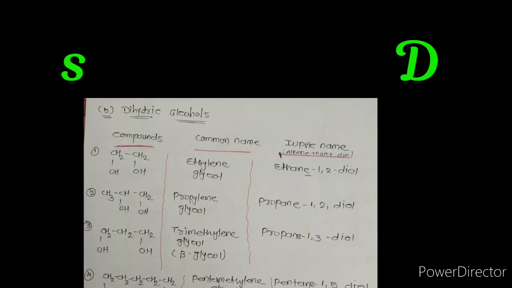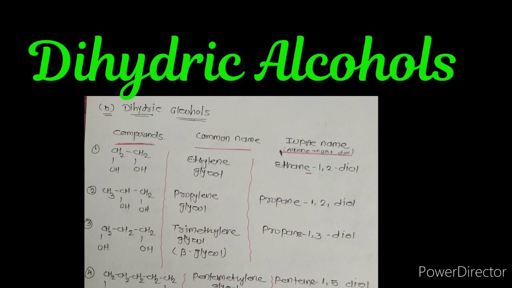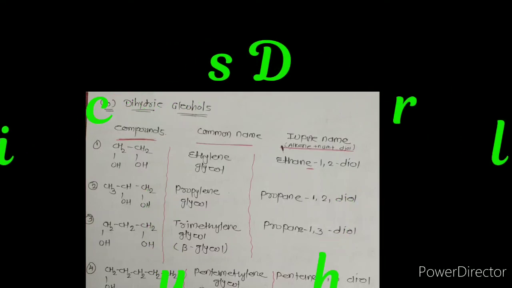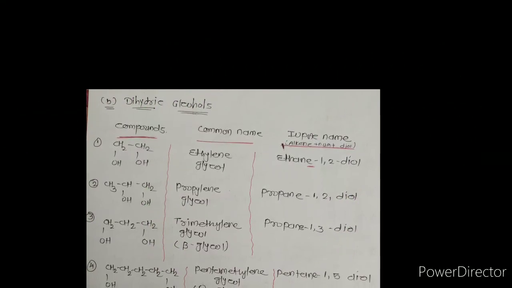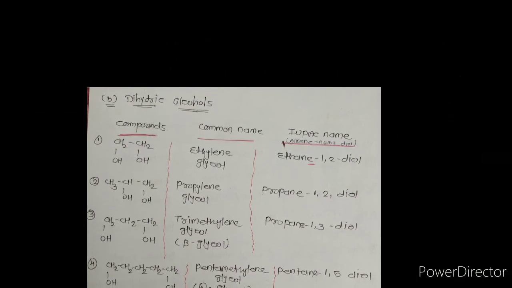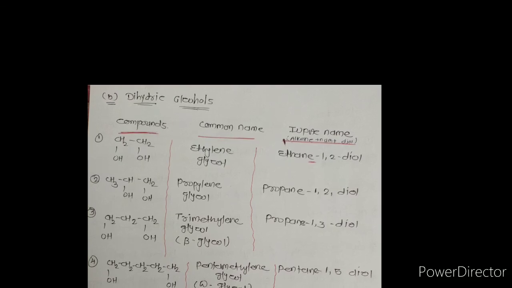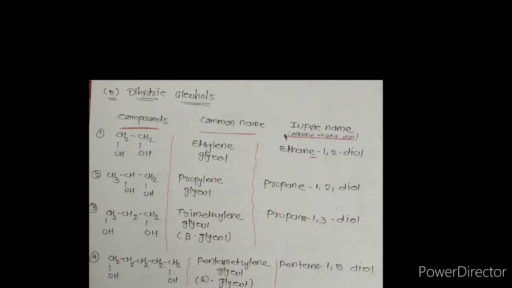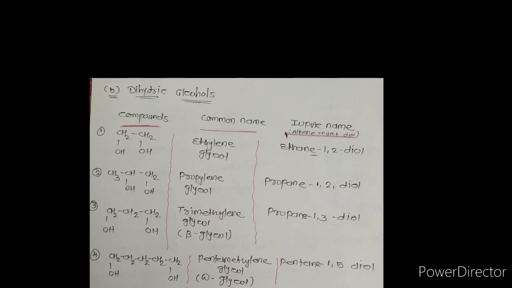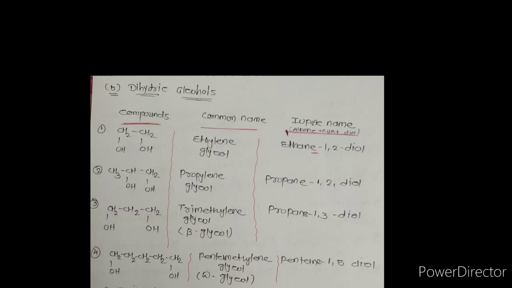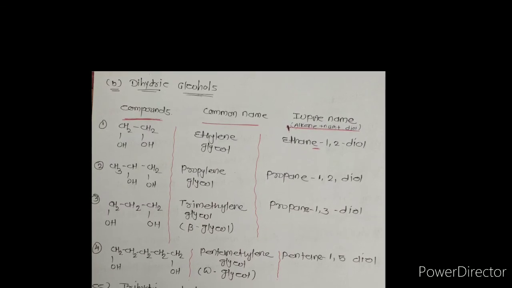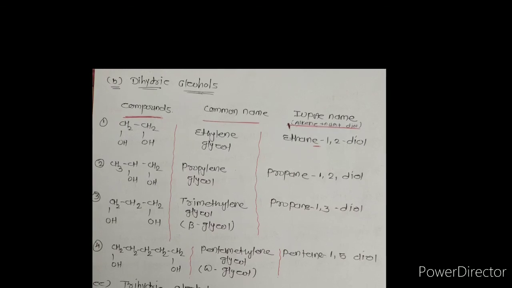Let's start a few other namings, of dihydric alcohols. Here there is no trick for the common name, so we can remember them directly. And for the IUPAC name, one simple trick is there: alkane plus number plus diol. Here we must keep the letter e at the end of alkane. First compound, OH CH2 CH2 OH.